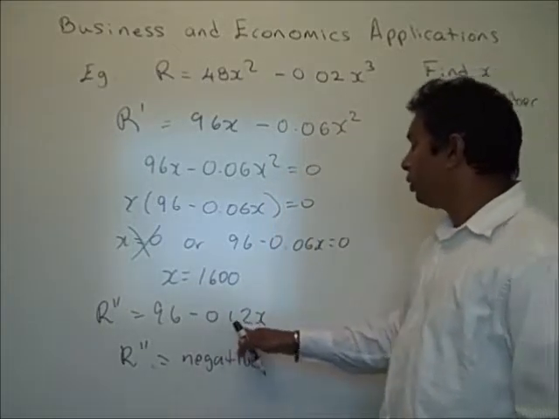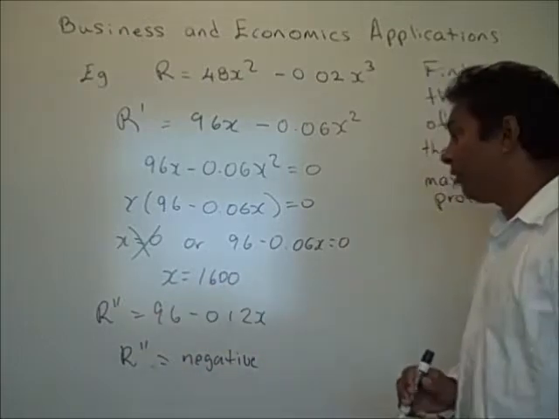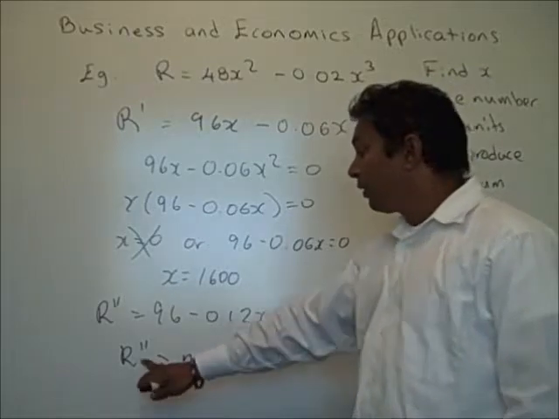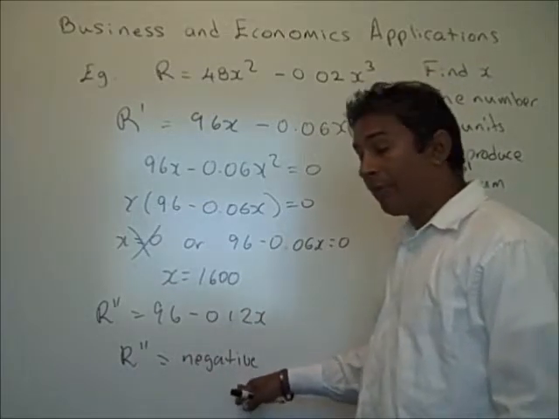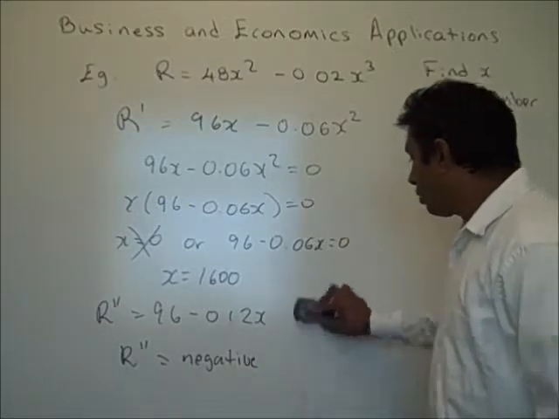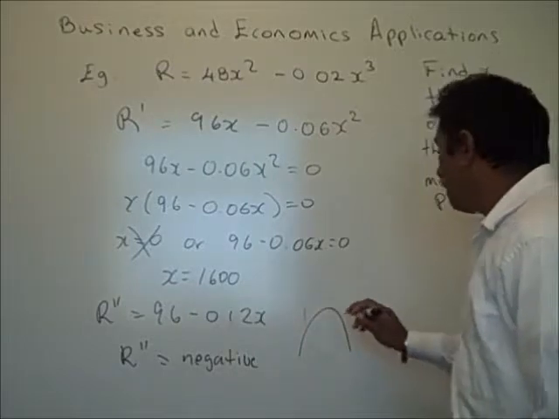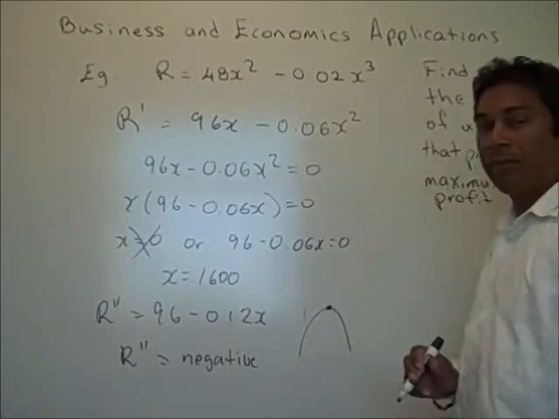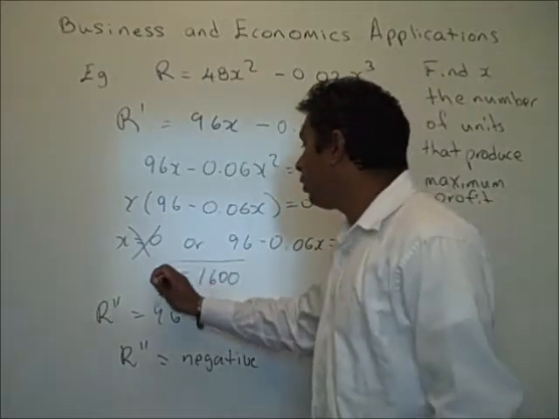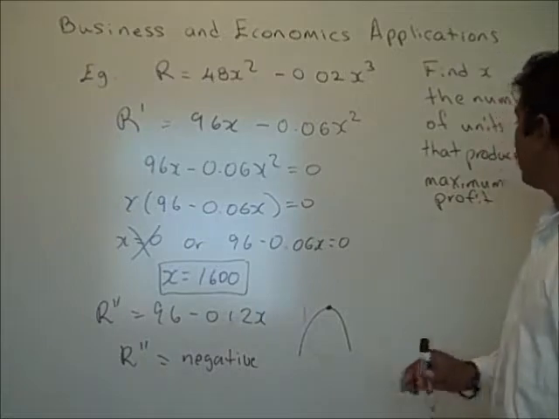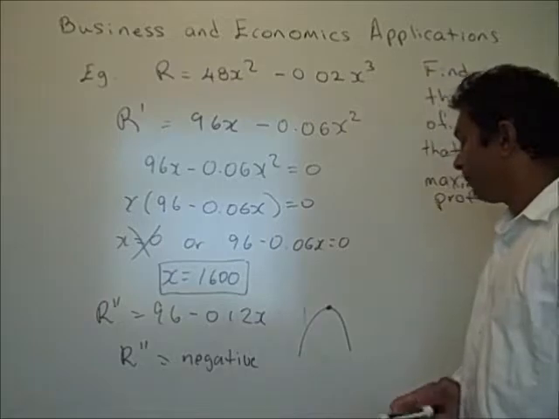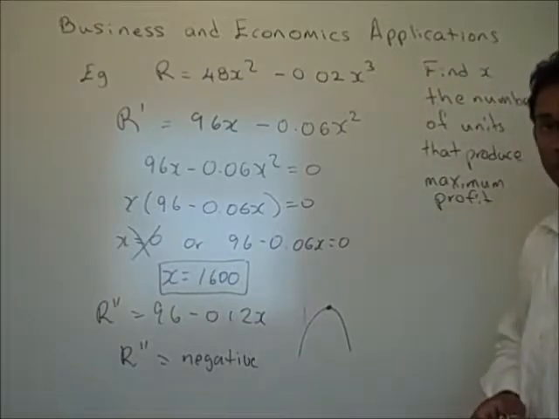So this will be 0.12 times 1600 being taken away from 96. Now that will be negative. We know from our second derivative test that when our second derivative is negative, our curve is concave down, which produces a maximum value. So once again, the number of units that produces our maximum profit is when x is equal to 1600.